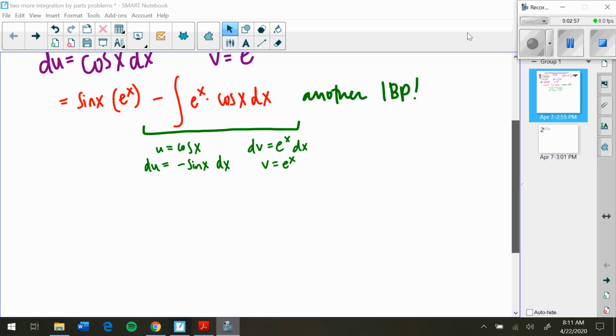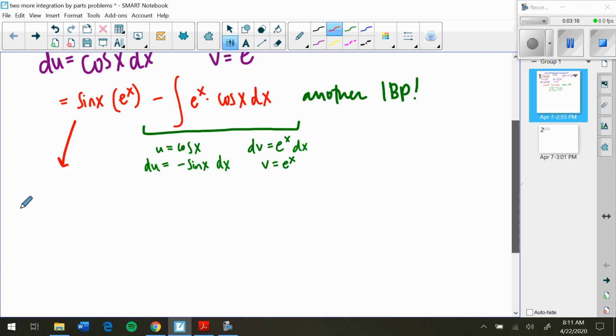Okay, sorry, I just resituated the screen a little bit. All right, so we have our u, we have our v, we have our du and dv, which means I can now do my second integration by parts. I'm going to start just by writing what we had at the beginning, right? We're not losing that.